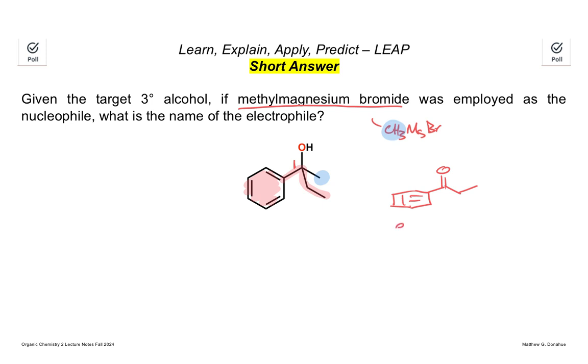A common name for this is ethyl phenyl ketone. So that's one way of doing it. For any alcohol, there are 3 ways, so we'll look at the other 2.